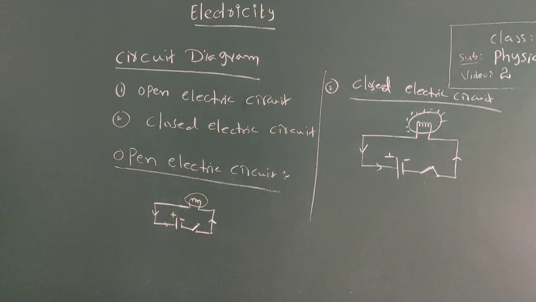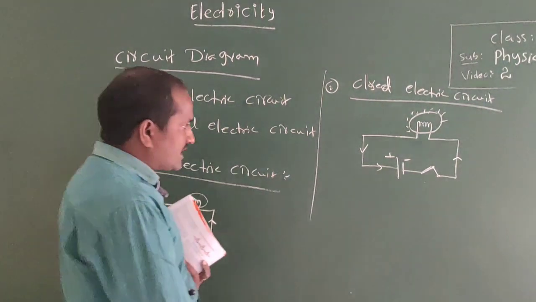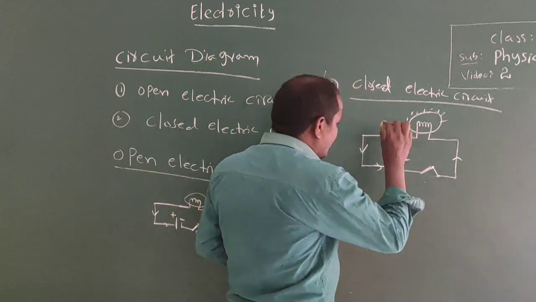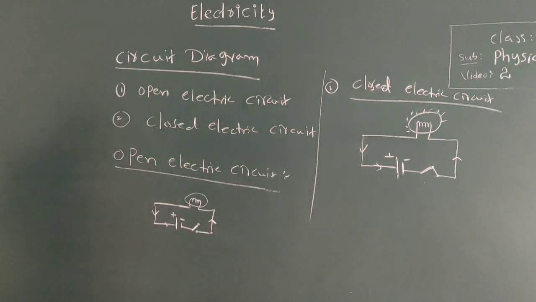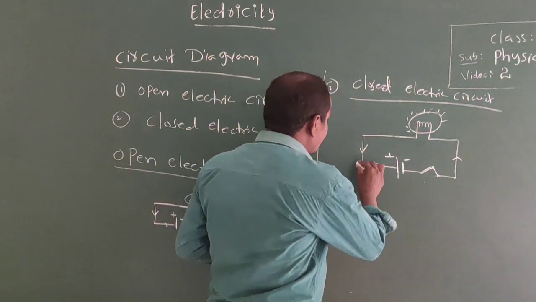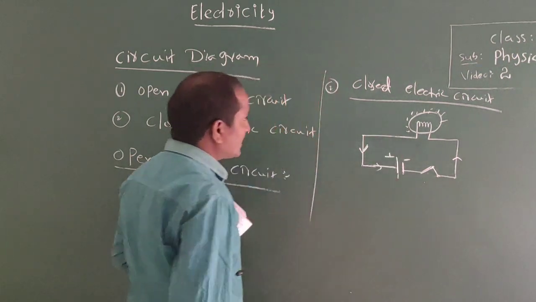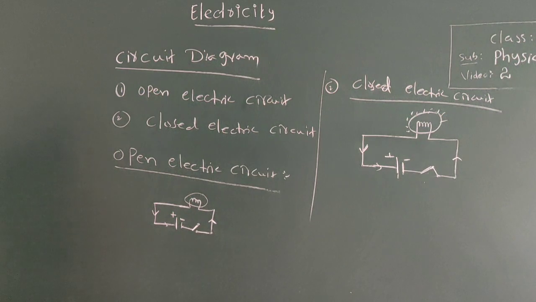The circuit is complete from the positive terminal of the battery to the negative terminal. The circuit is then said to be closed and the current flows continuously in the circuit. That is called a closed electric circuit.